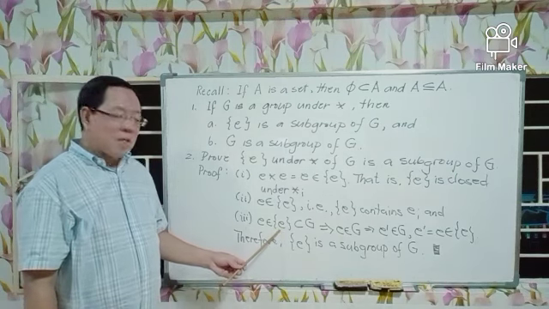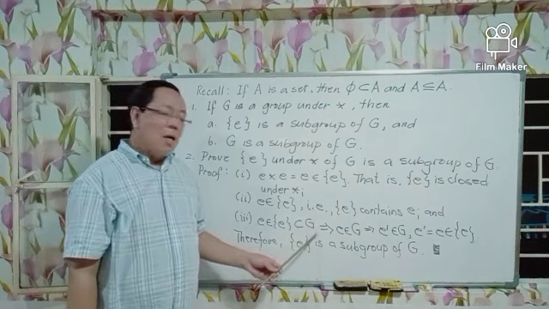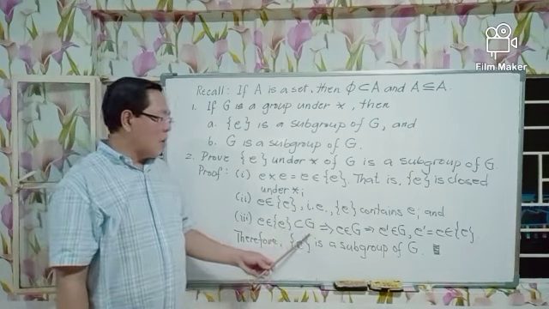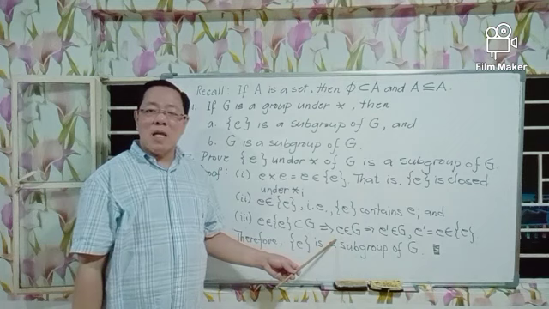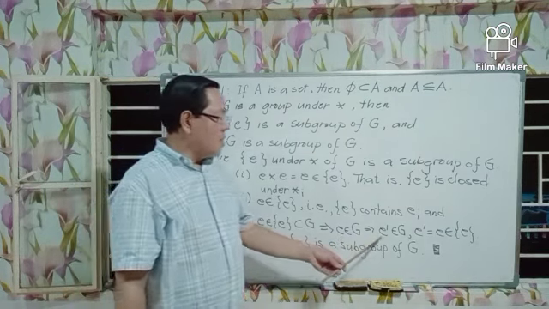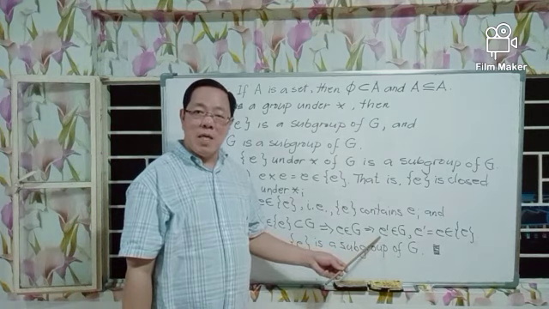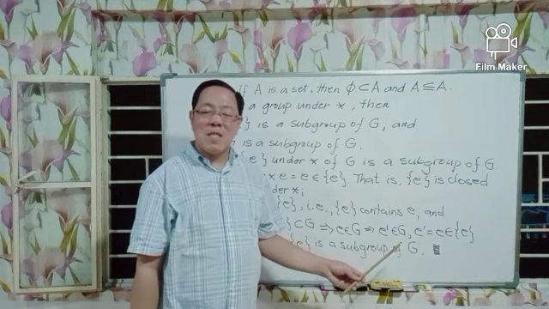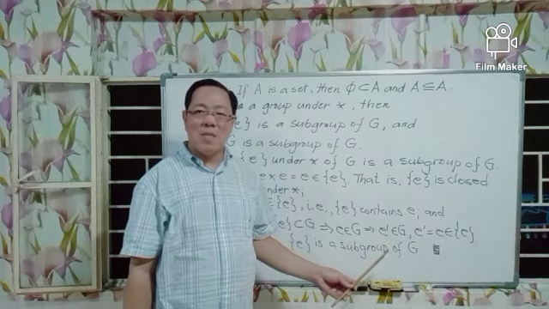And this set containing only the identity element is a subset of G. This implies that E, an element of this subset of G, is also an element of G. And because E is an element of G and G is a group, E has an inverse. And the inverse of E is denoted by E prime. And the inverse E prime of E is also an element of G, because that is the second property of a group, the existence of inverse elements, and the inverse elements are also in the non-empty set G.